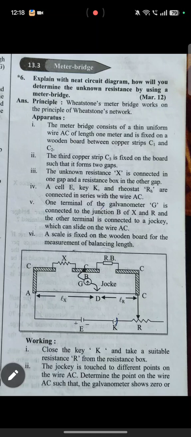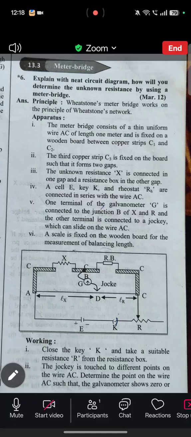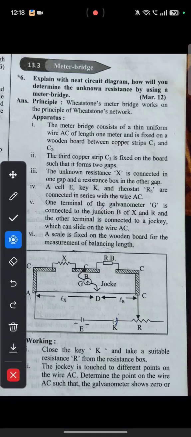Now how will you note down the reading by using the null deflection method? On this resistance box there are so many keys where the values of resistance are written. As I explained, if you connect the resistances x1 and x2 in the left gap in series combination, the equivalent resistance will be 30.